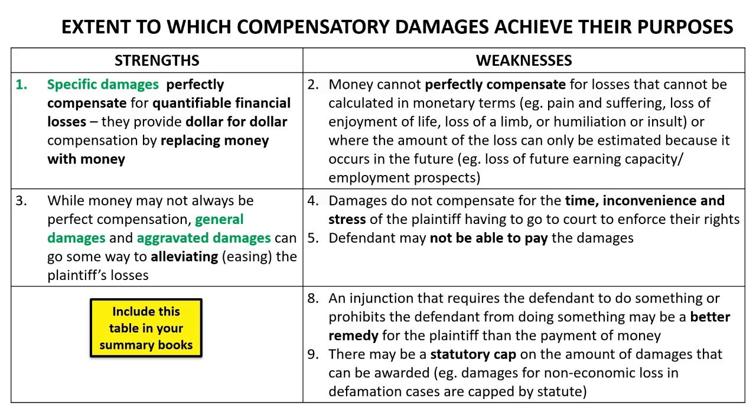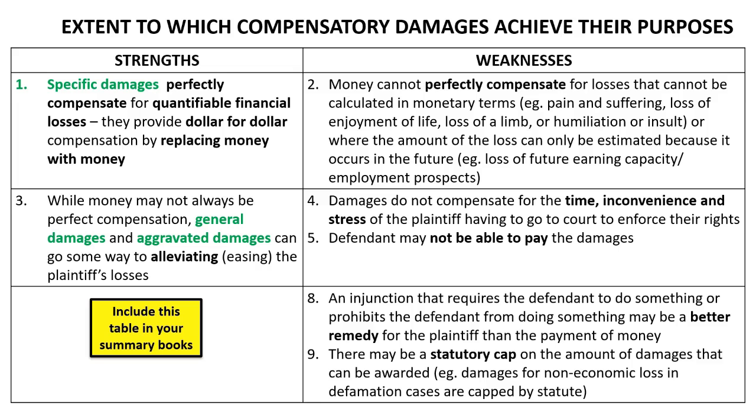This is because specific damages provide dollar-for-dollar compensation for losses that can be given a precise monetary value. That is, they replace money with money. On the other hand, money cannot perfectly compensate a plaintiff for losses that cannot be given a precise monetary value.